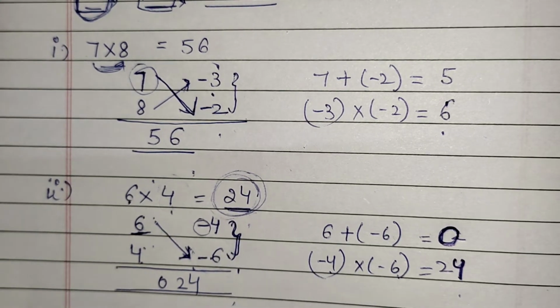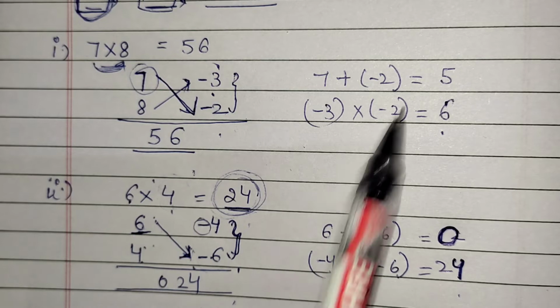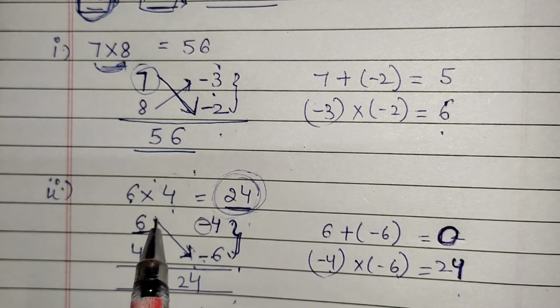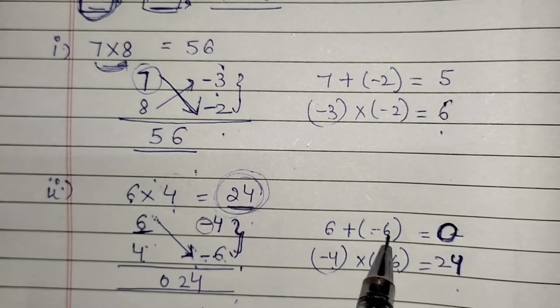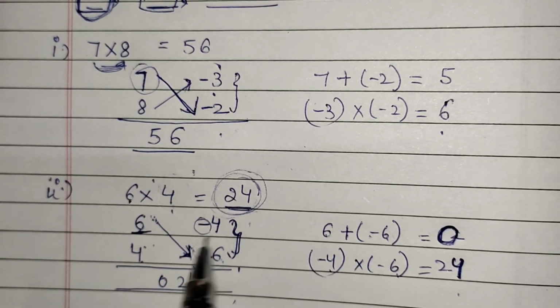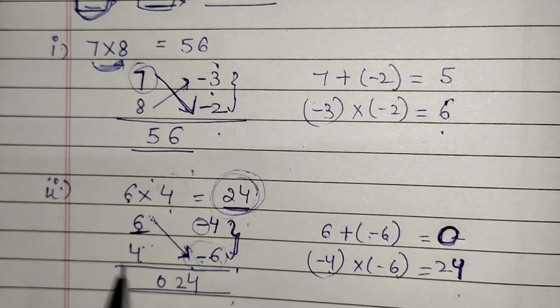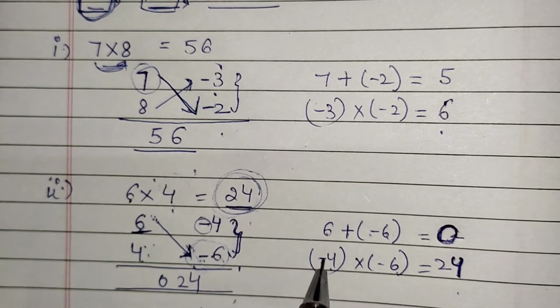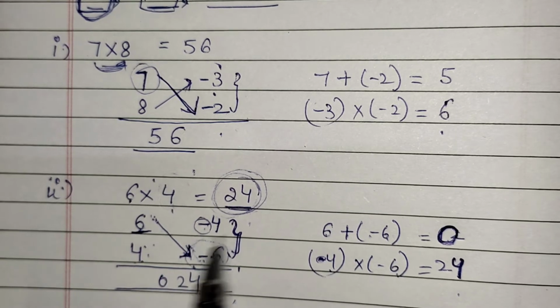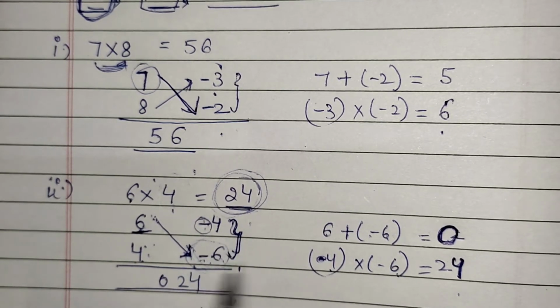Then the next step, as I have told you earlier, is to add these two values, meaning 6 plus minus 6. Take care of the signs very carefully. 6 minus 6 will be 0. Now multiply these two numbers, minus 4 into minus 6.